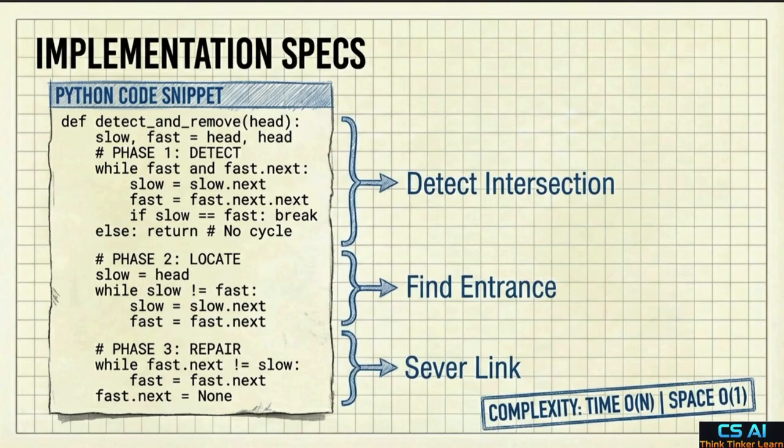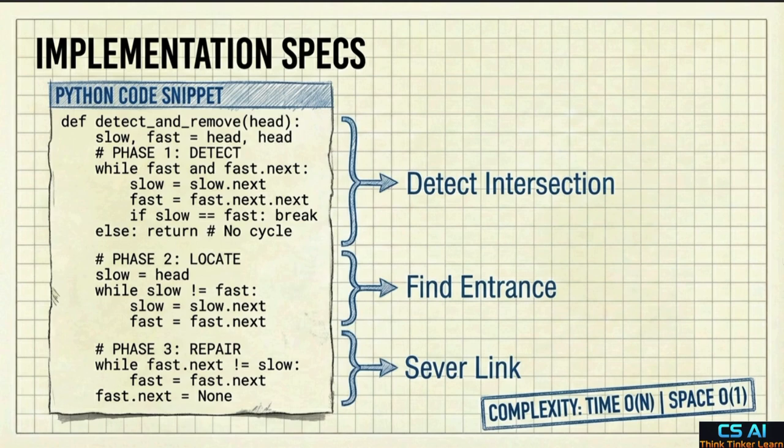Here are the implementation specs in a Python code snippet for detecting and removing the cycle. The algorithm is broken down into three phases. Phase 1, detect. This phase uses a while loop with fast and slow pointers to detect an intersection. If they meet, a cycle exists.